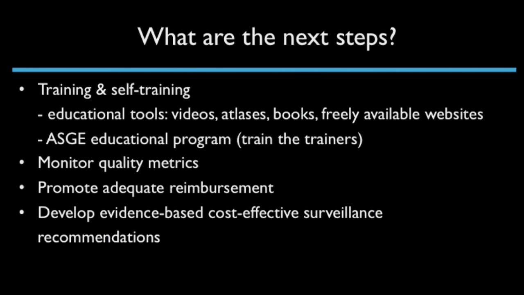Reimbursement that appropriately compensates providers for the additional costs and complexity of performing image-enhanced surveillance colonoscopy should be promoted. Further clinical study will facilitate risk stratification of IBD patients and inform changes in evidence-based, cost-effective surveillance recommendations.